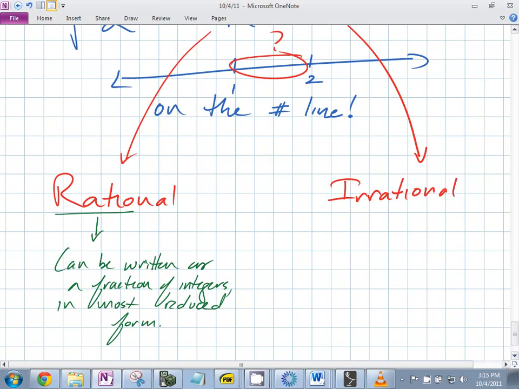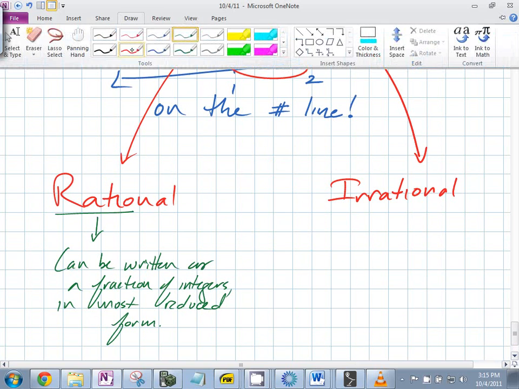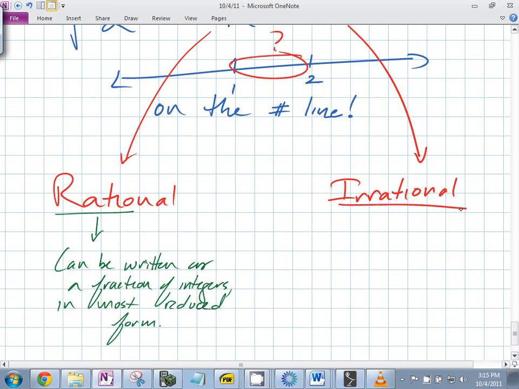Sure. So if that's a rational number, what's an irrational number? Nope. 0.3333333 repeating is rational because it's 1/3. What's an irrational number? Pi. What'd you say? That is an example of one, but what'd you say? Stop saying decimal.